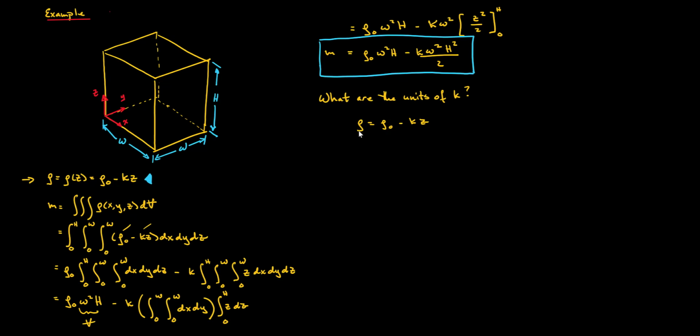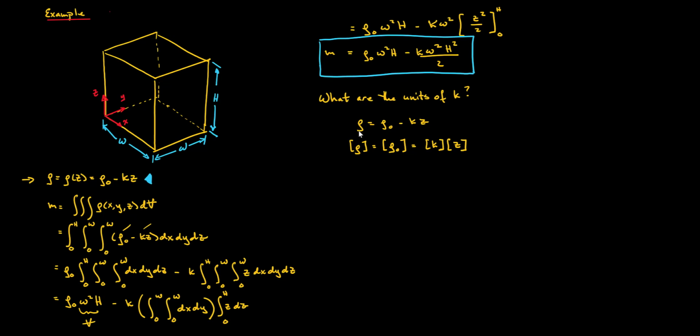Rho naught can be considered as an initial or a boundary density. So rho naught and rho will have the same units. And similarly, since we are adding everything up here, the rightmost term, kz, must have dimensions that are equal to the dimensions of a density.